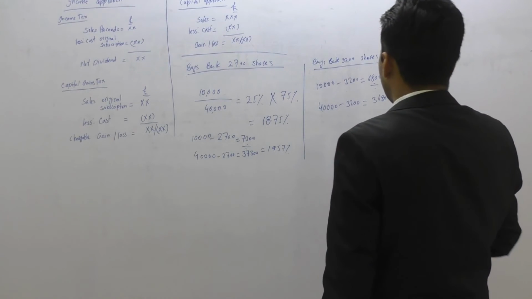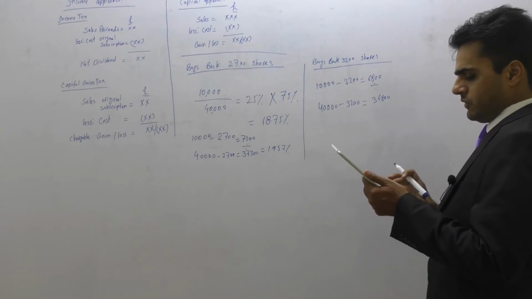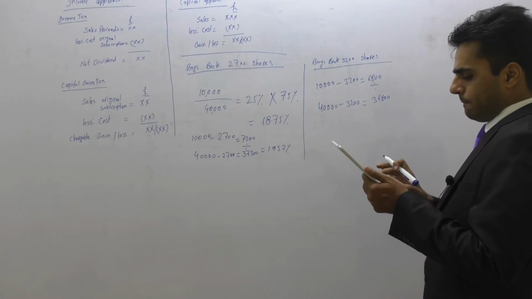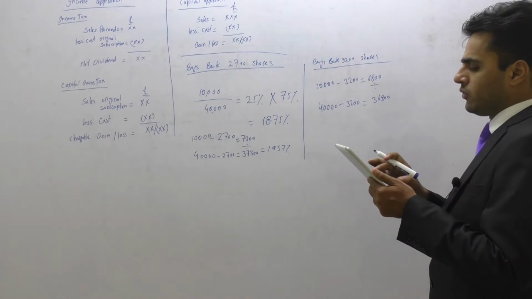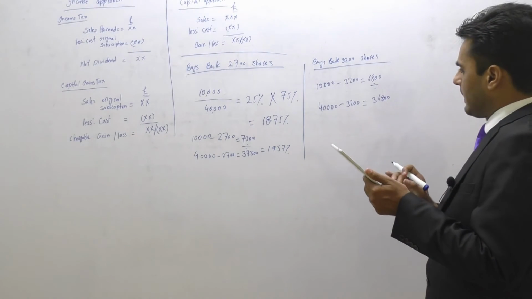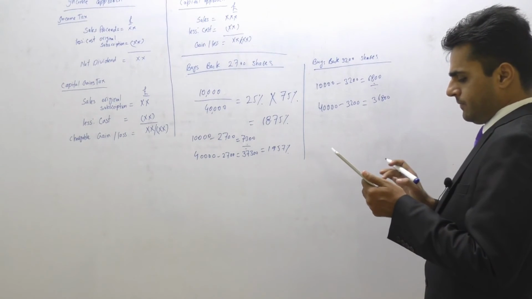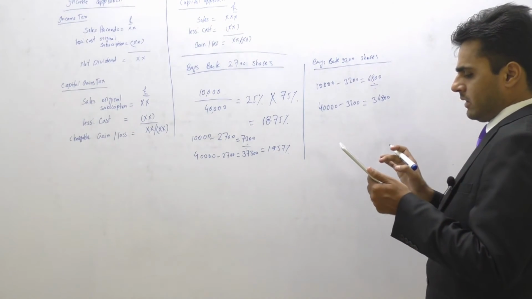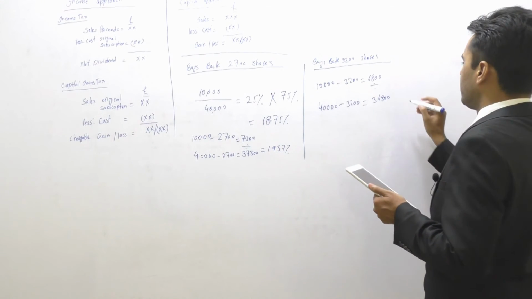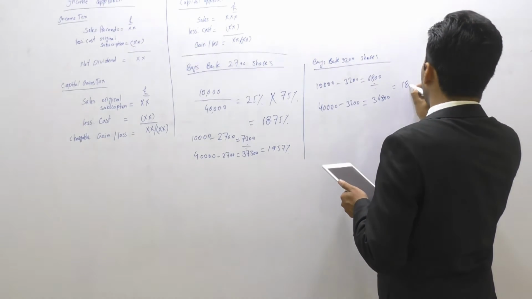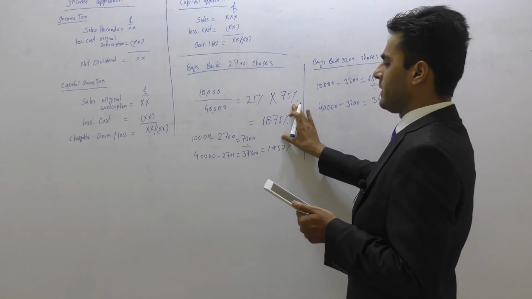So 6,800 divided by 36,800, times 100, is 18.47%, which is less than 18.75%.